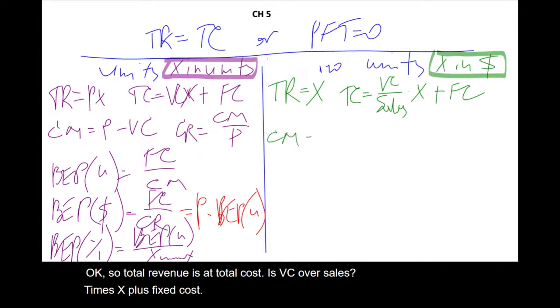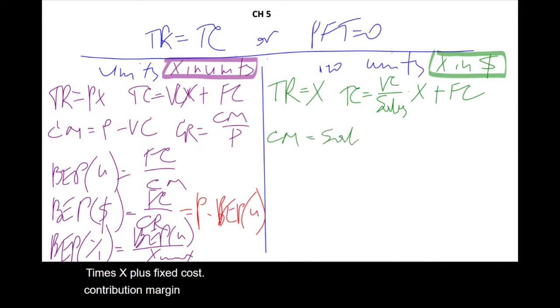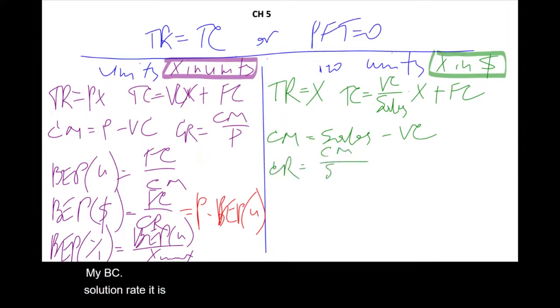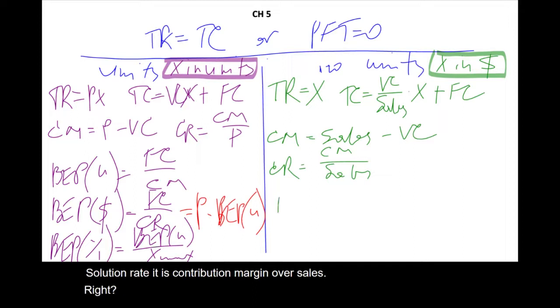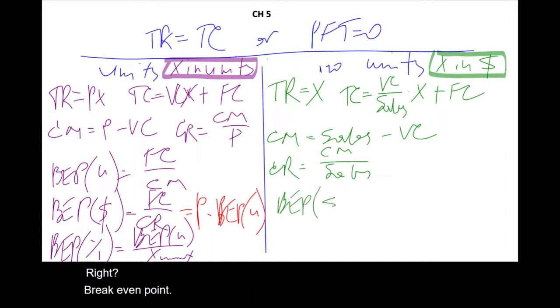Contribution margin is sales minus VC. Contribution rate is contribution margin over sales, right? And break-even point in dollars is fixed cost over contribution rate.